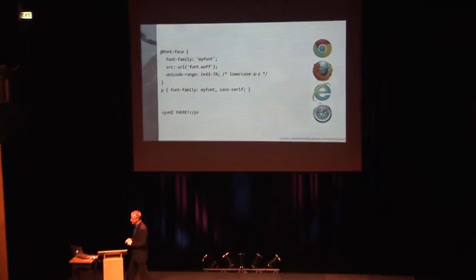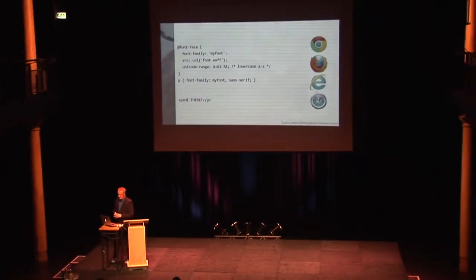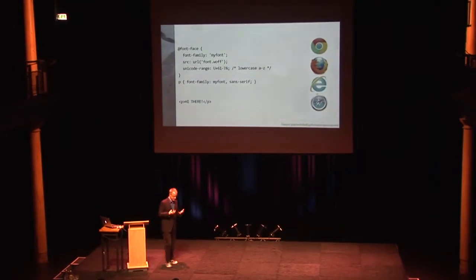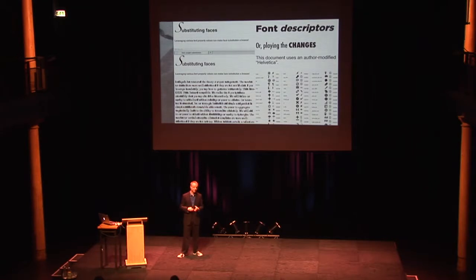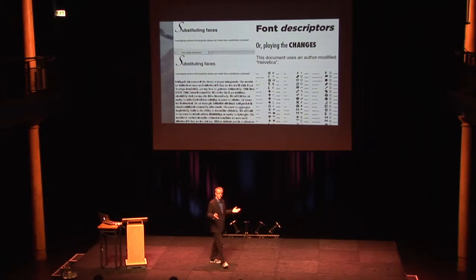So, there are all these cool tricks and tools, and a lot of them are only partially applicable. But that's the nice thing, right? This is a perfect example of progressive enhancement, where you could do things the way you've always done them.